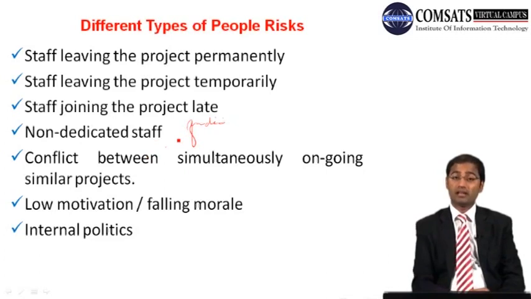The staff is primarily attached to the functional manager, and he or she is least bothered about the project because he or she has no opportunity to get promoted in it. Then there is conflict between simultaneously ongoing similar projects.